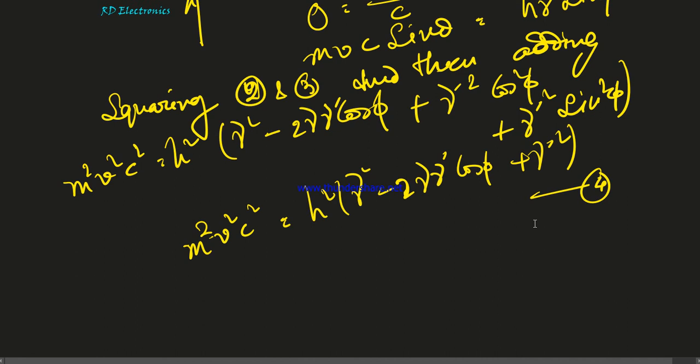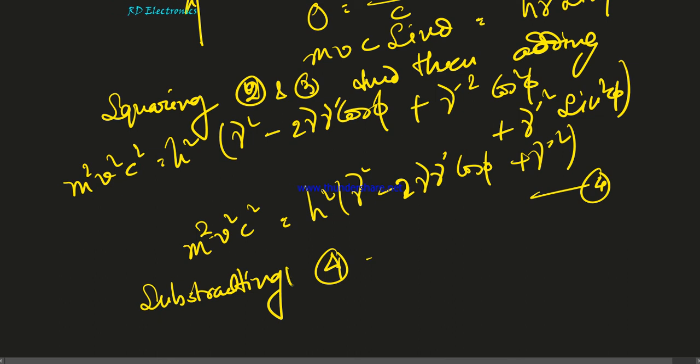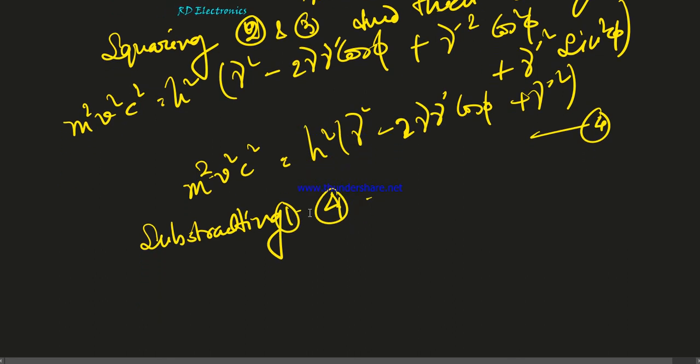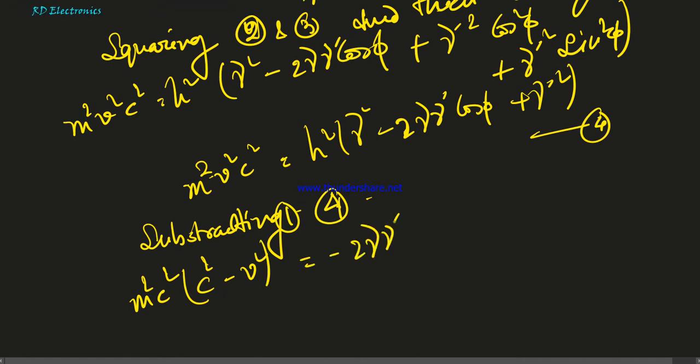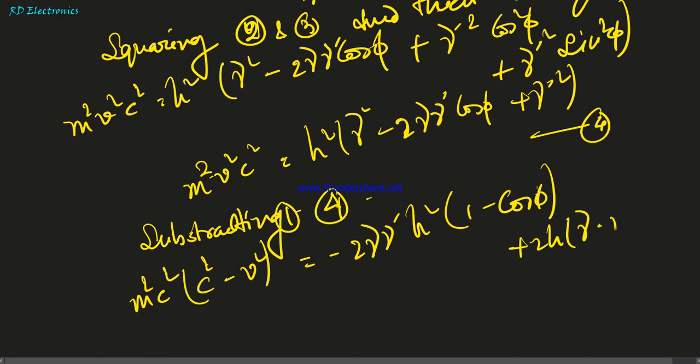So this is equation 4. And then subtracting equation 4 from equation 1, that is 1 minus 4, we get another equation: m square c square in a bracket c square minus v square equals minus 2 h square nu nu dash (1 minus cos phi) plus 2h (nu minus nu dash) m0 c square plus m0 square c to the power 4.